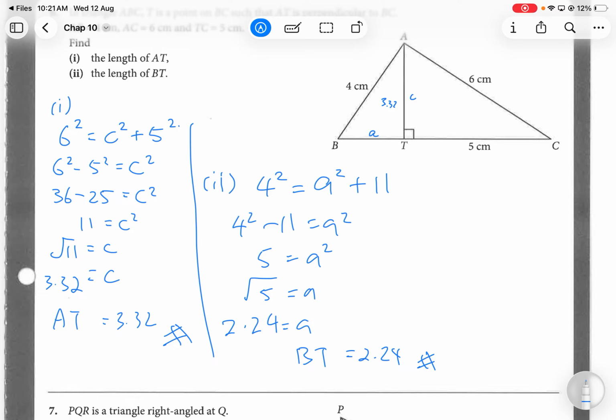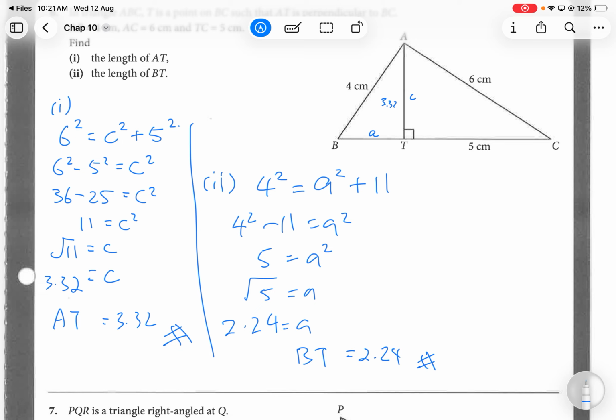Part 2. Now I want the length of PS. For PS, I have to look at the big right angle triangle already. For the big right angle triangle, I have PS. What are the two shorter sides?